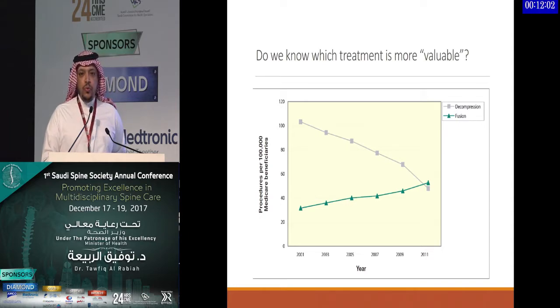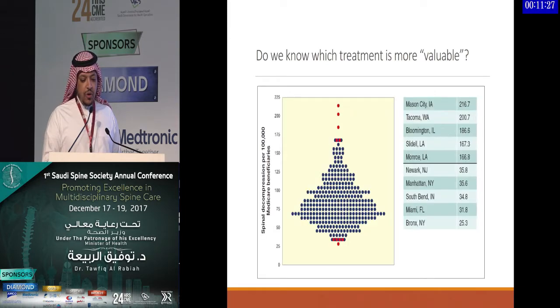You see two main interventions, decompression surgery versus fusion, and you see the trends and the performance of these interventions. And obviously there's a downward trend in decompression and an upward trend in fusion. The question is, why did that trend happen? Is this because of clear clinical evidence that fusion is actually more effective in these cases? Or are there other issues surrounding that?